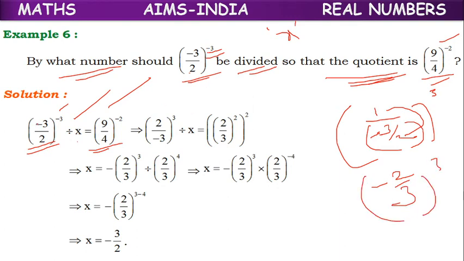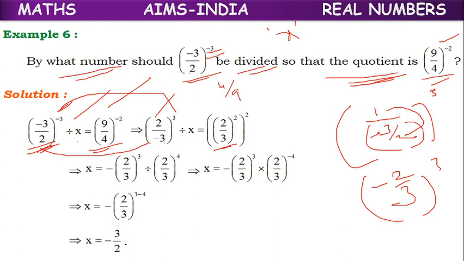For a rational number, if we have negative power, we simply take its reciprocal and the power will become positive. So minus 3 by 2 will become 2 by minus 3. 9 by 4 will become 4 by 9.